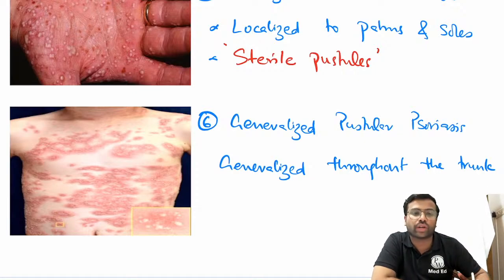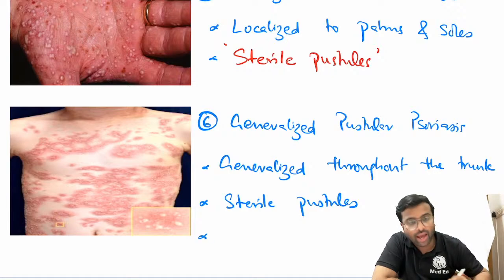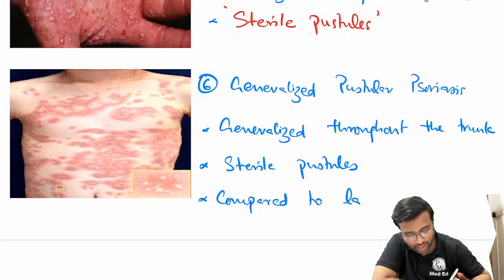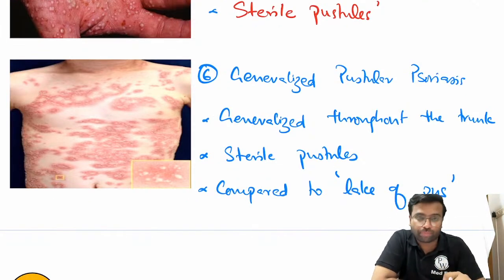That is going to be the first important point. Here also you can see sterile pustules. And this is going to be compared to a lake of pus.